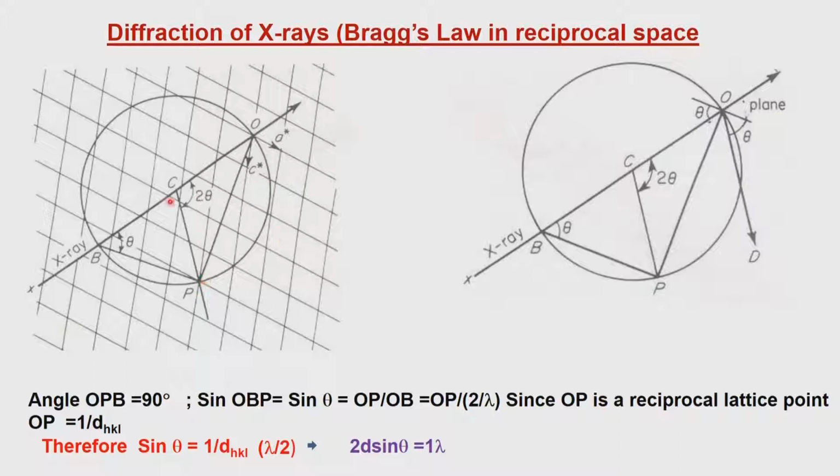So, the distance from the reciprocal lattice origin to P is 1 divided by d of hkl. Therefore, we can write sin theta as equal to 1 divided by d of hkl, which is OP, divided by 2 over lambda, which can be written with a multiplication factor lambda by 2. So, this gives rise to 2d sin theta equals lambda.